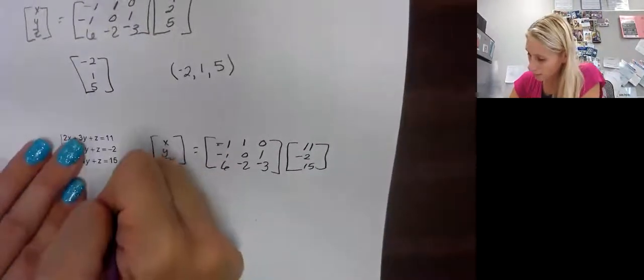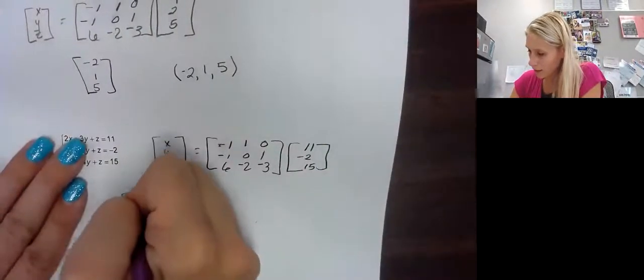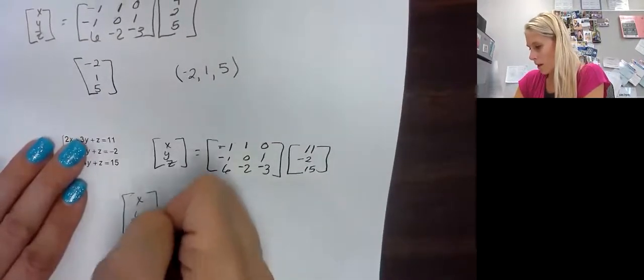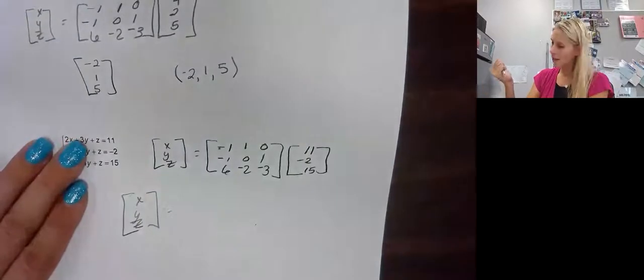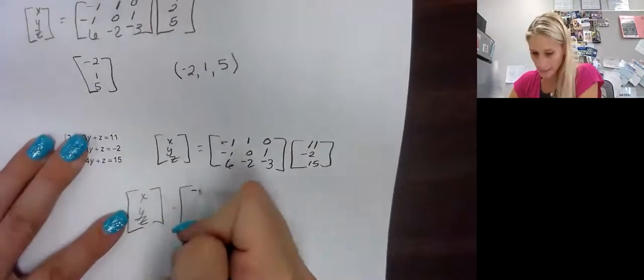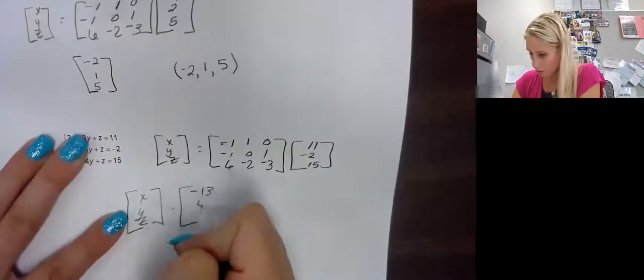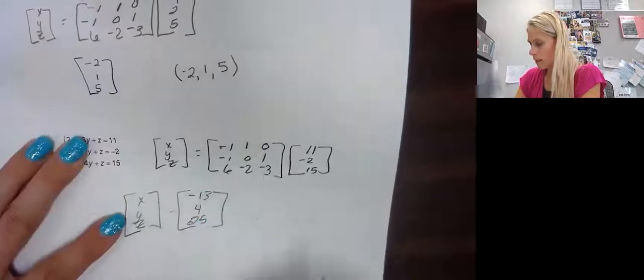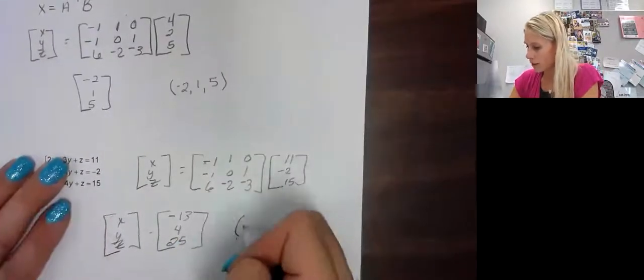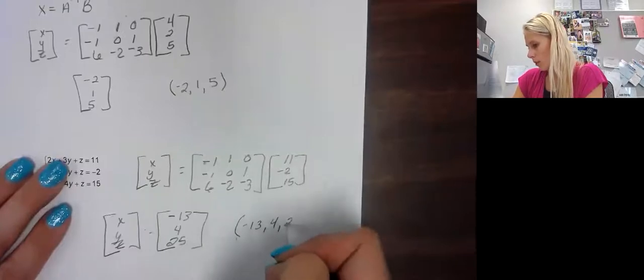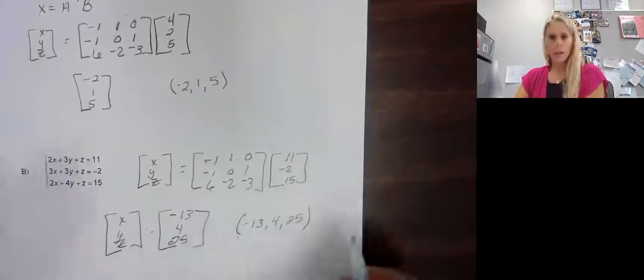Take a moment if you want to do it by yourself. All right. And the answer we get is -13, 4, 25. So again, if it wants it in a coordinate pair, I would do this as -13, 4, 25. Awesome.